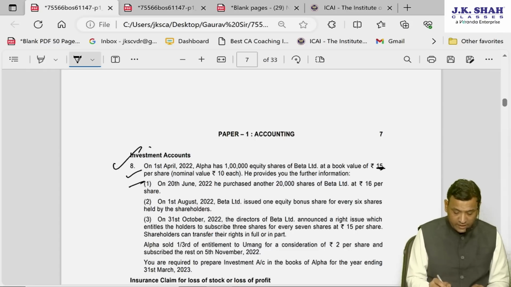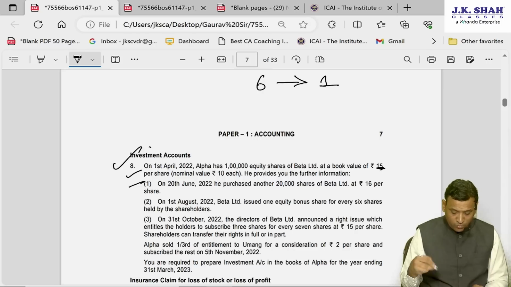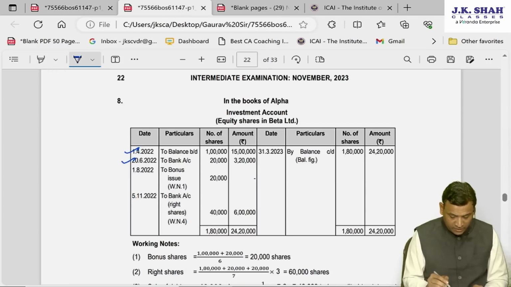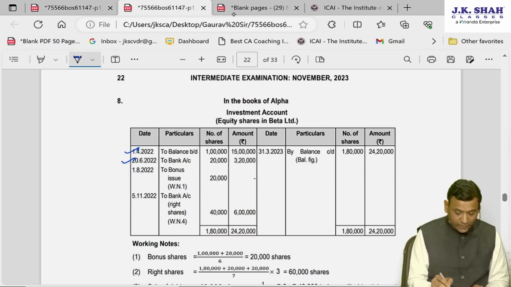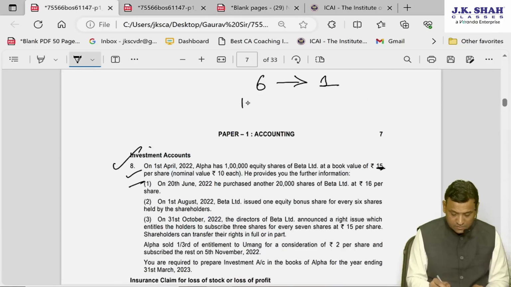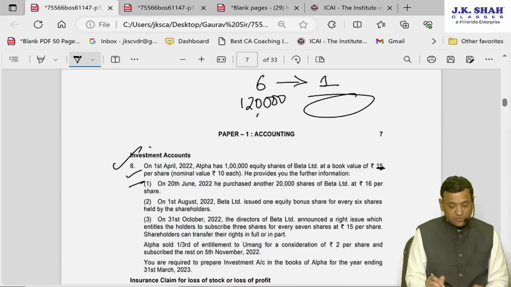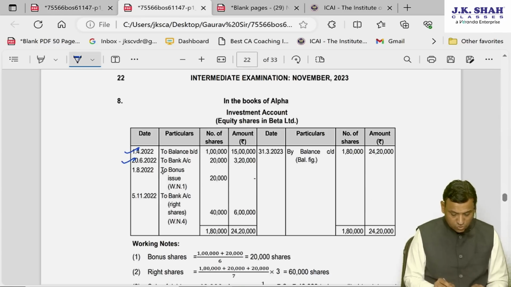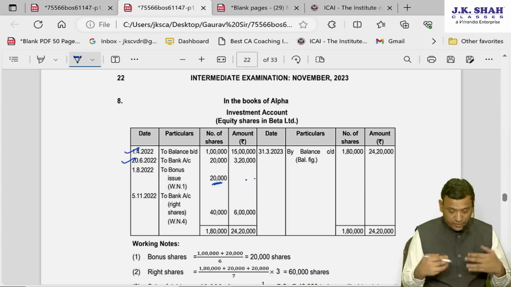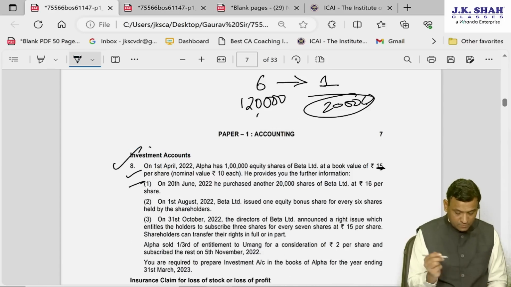If you are holding 6, you are going to get 1. How many shares are you holding? Can I say you are holding 120,000 shares? So how many shares will you get? Obviously 20,000. So bonus 20,000 shares. No amount, because no consideration is paid.